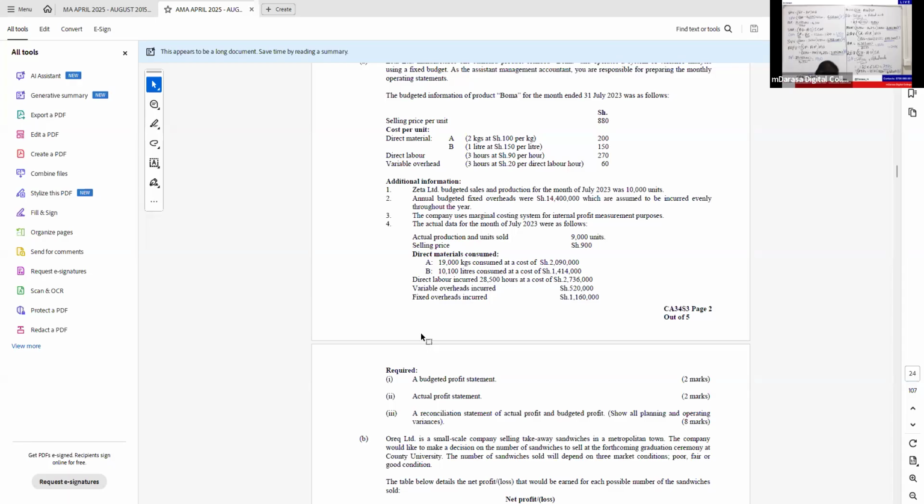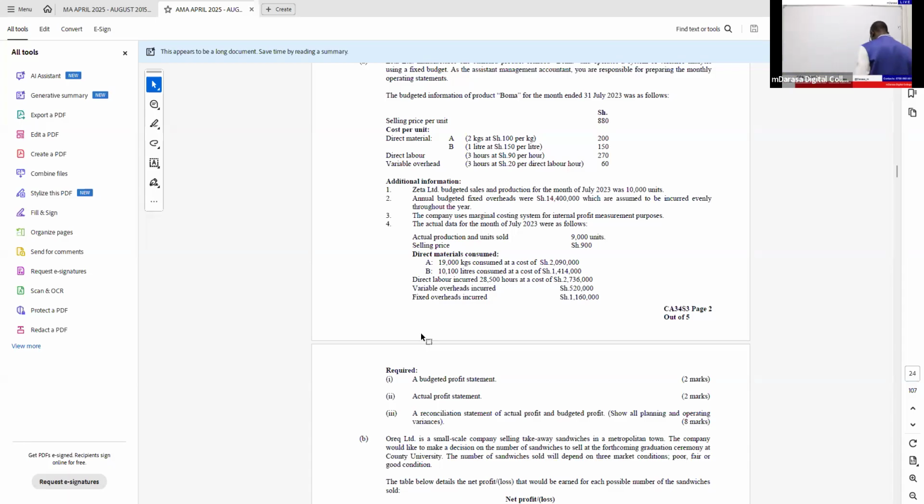How do you go about it? This is what you need to do. So I want us to prepare our profit first, both budgeted and actual profit.